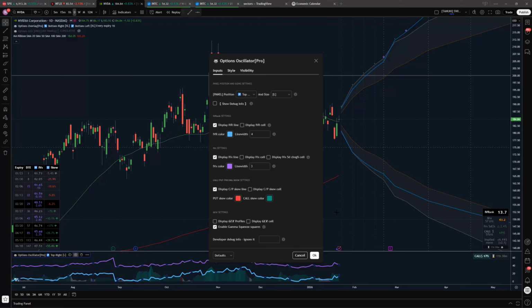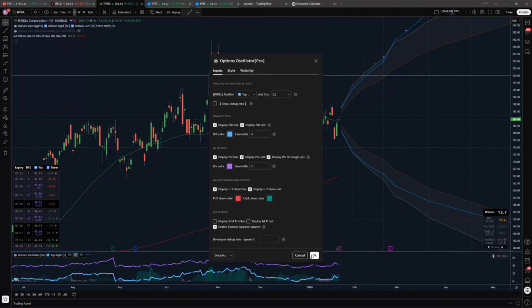So if you don't want to see any of these cells in this toolbar, you can disable them, but I like to see them, so I enable them back. If you don't want to see, for example, the IVR toolbar because it's redundant, then you can disable it. It depends on your personal preference.